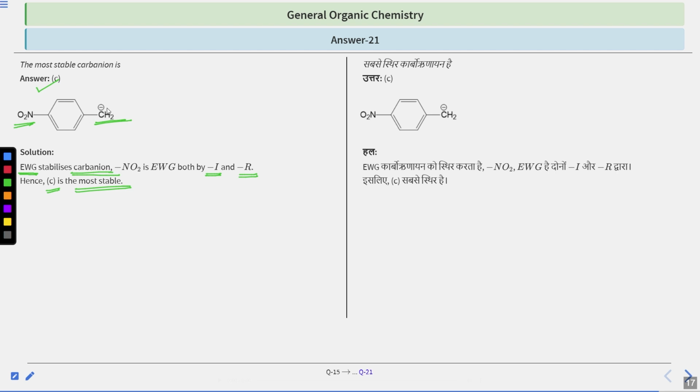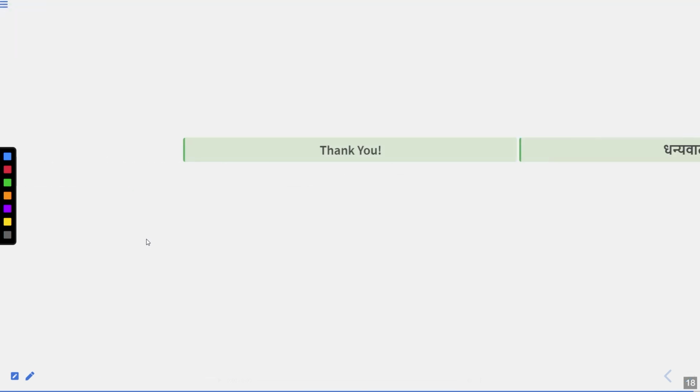It also stabilizes the CH2 negative charge, and that is why, due to these two major reasons, option C having this compound is the most stable carbanion. And thus, C option is the correct answer. Okay. Thank you.